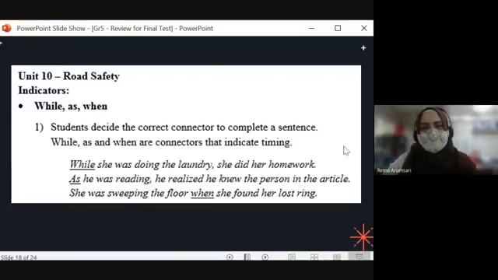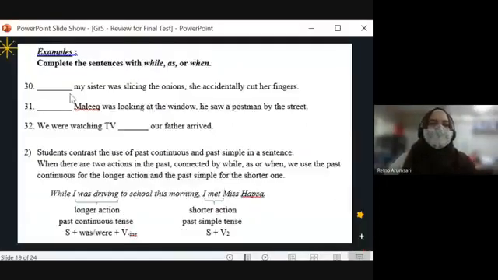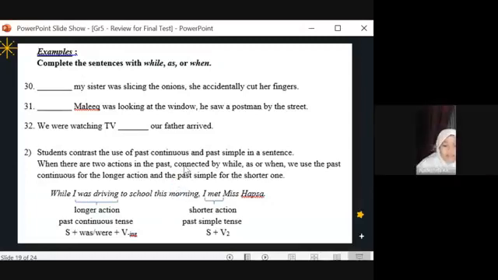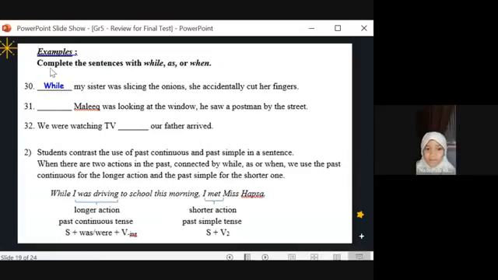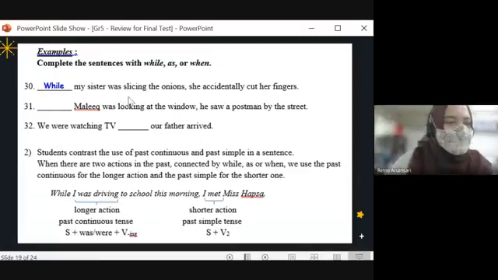Right? Okay? Now, when is just before the shorter action, while or as is just before the longer action with past continuous. Right. Now, for number 30, Desda, what do you put here, Desda? While. While, yes. Can I put as here? Yes. Yeah, I also can put as here, right?